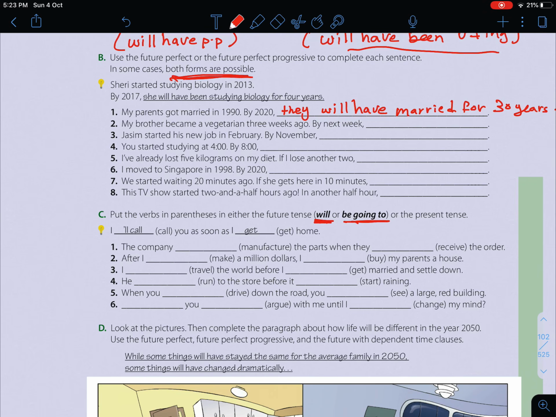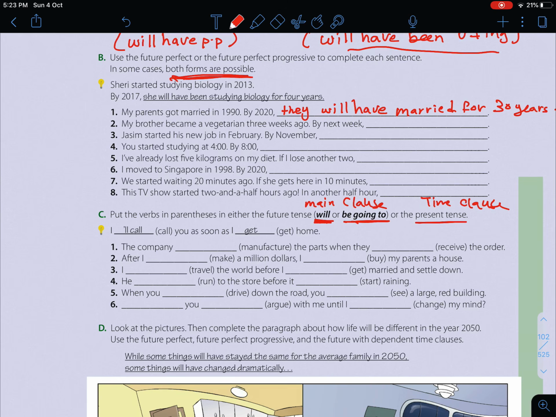Okay, now put the verbs in parentheses in either the future tense with will or be going to. Okay, so either the time clause, you know that this is the main clause. Okay, and or the present tense. The present tense is usually used with the time clause. طبعا عارفين إنه يبدأ أحيانا when, since, until, before.